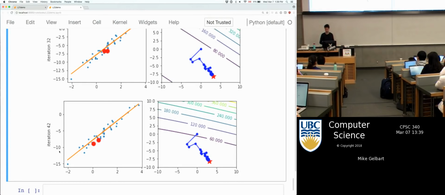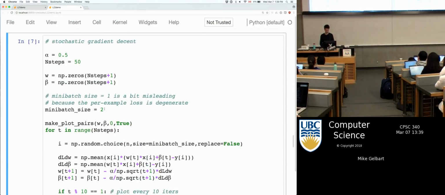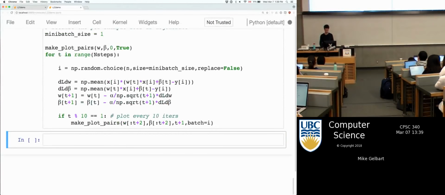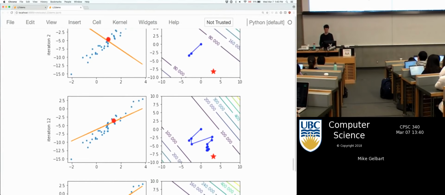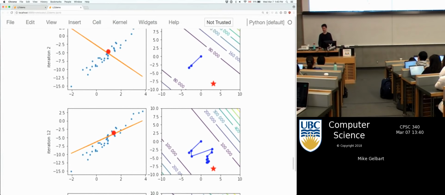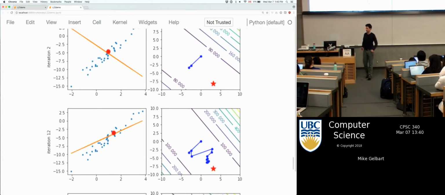Right. And why can't you set n equals 1 in this case? Yeah, I can. I can set n equals 1. It's just that the losses are kind of weird looking when I set n equals 1, because there's actually a whole space of parameter values that will minimize the loss.